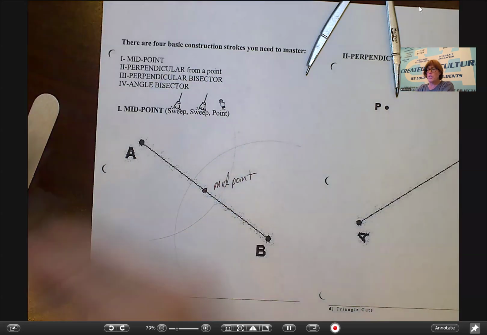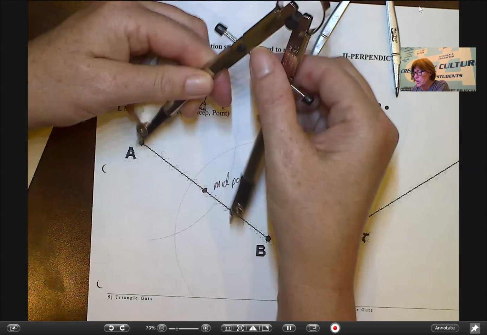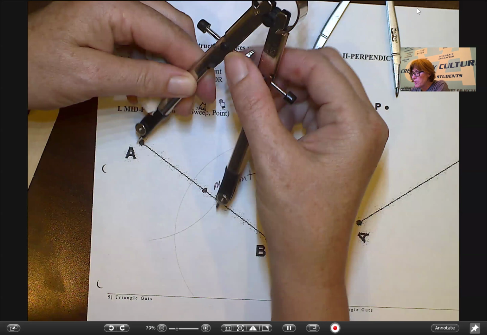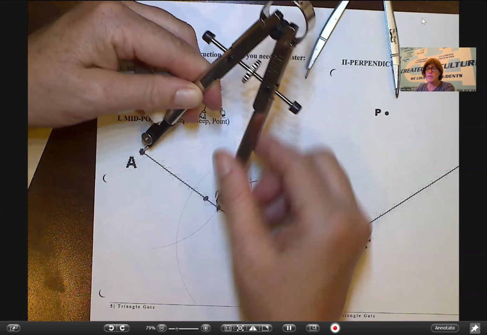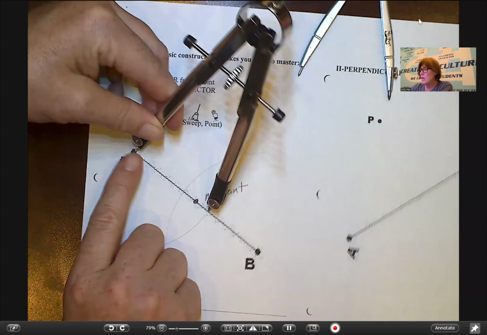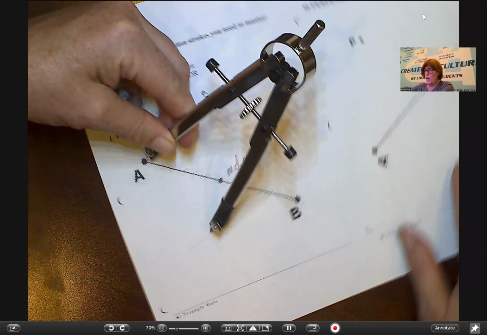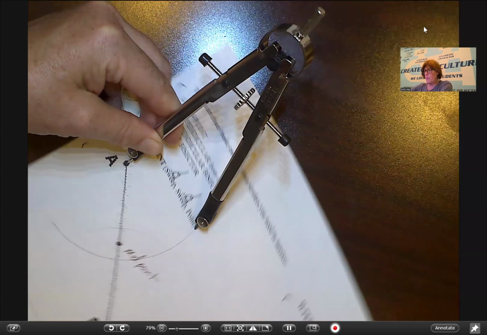Using another technique, I call this the tilt and twirl method. Let me get my compass settings exactly the same here. Instead of twirling the compass, I hold it at the pivot and twirl my paper. You can do that as well. Tilt and sweep.